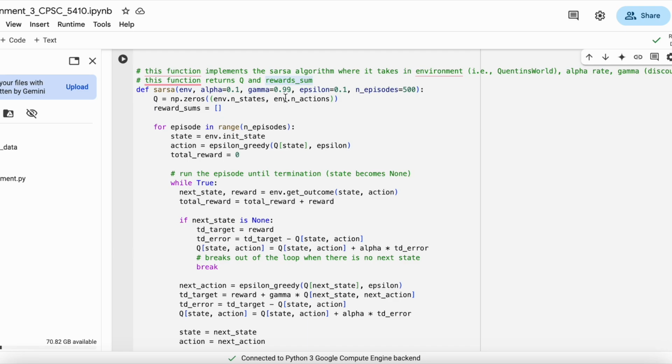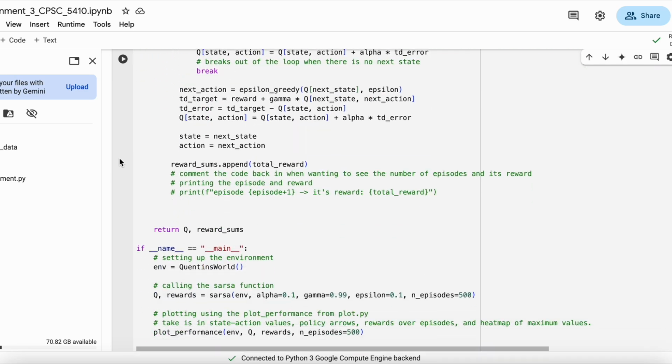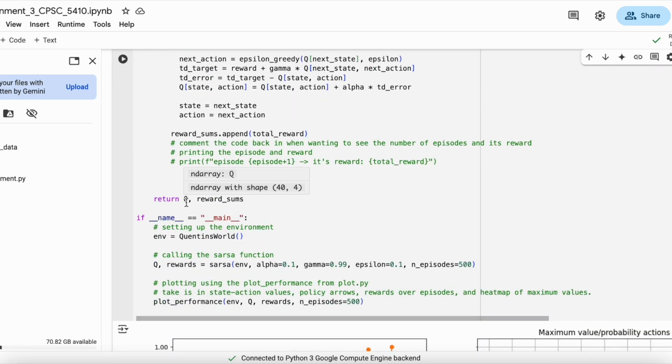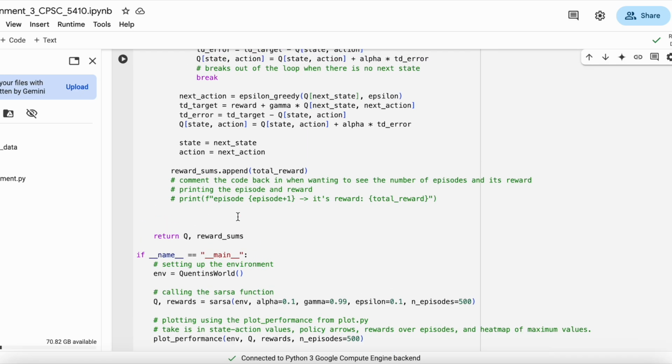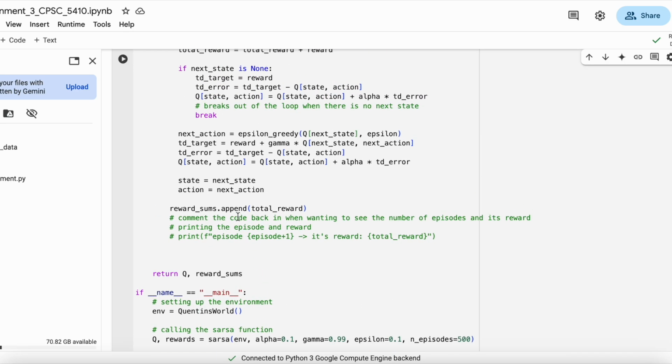Remember, env is the environment, in this sense the Quinton's world. Basically we're going to return Q, the learned state-action value function, along with the reward sum, which is a list of the total rewards accumulated for each episode.